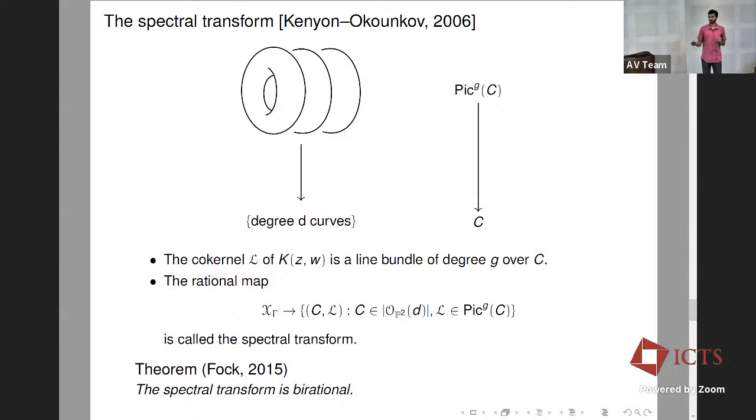And since L is the co-kernel, there is a map from the space of white vertices to L. So for every white vertex, you have a section of L. The way Fock starts his reconstruction is he tries to reconstruct these sections of L, one for every white vertex. And when you want to write down a section of a line bundle, the way you can do it is using theta functions. It's actually really nice, his construction. He shows that the Kasteleyn matrix condition is equivalent to an identity for theta functions called the phase identity.